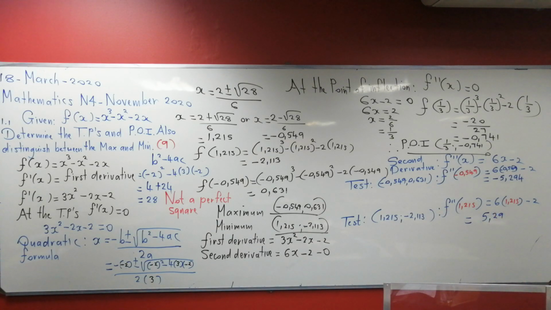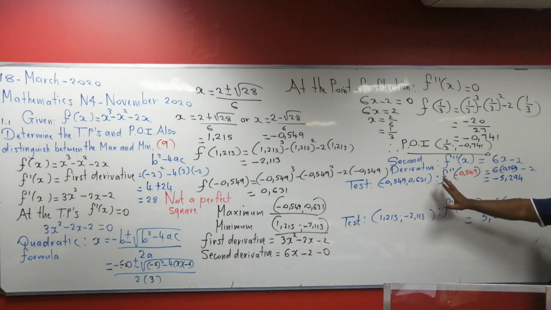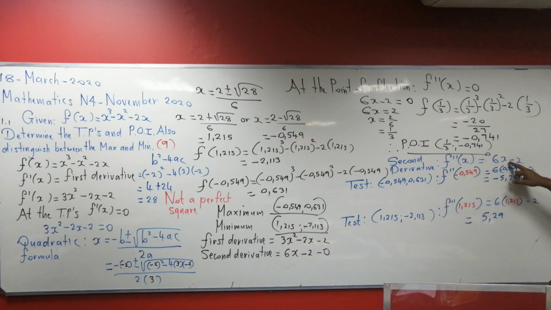Right, so you need to show exactly what you see on the board. This is how you show working for your proof of which is maximum and minimum. You will substitute the x value only, not both x and y, into the second derivative, and with the answer that you get, you are interested whether it is a positive number or a negative number.